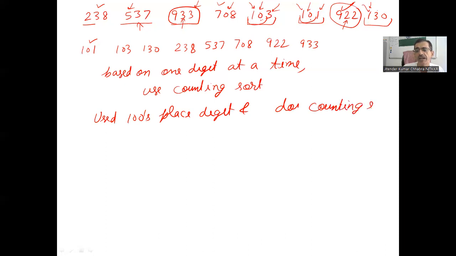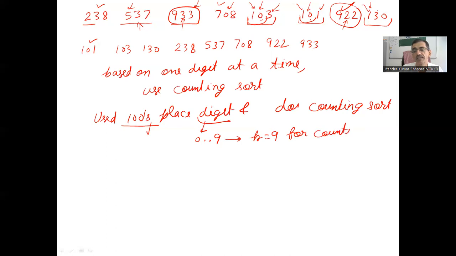From that process, effectively all values with hundreds place as 0 will come into count 0. Similarly for the other hundreds place digits. And because each digit is in the range of only 0 to 9, I can say k equal to 9 for counting sort.